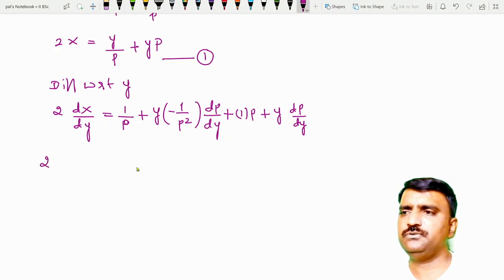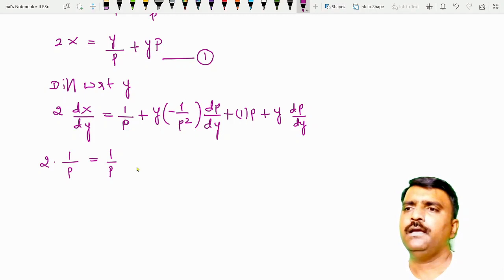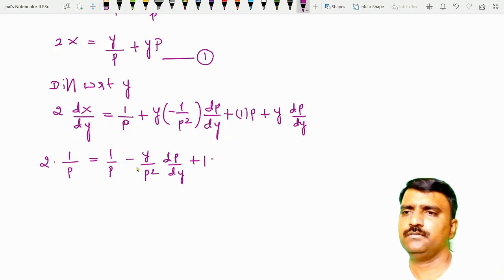Now 2 into dx by dy can be written as 1 by p, this is equal to 1 by p, minus y divided by p square into dp by dy, plus p, plus y into dp by dy.